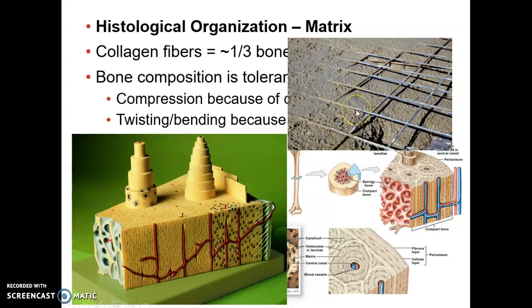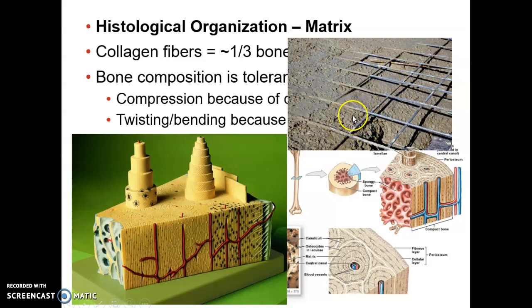So combined, the collagen fibers with the calcium salts give bones a lot of compressional strength, but also some resistance to bending and twisting, and that's what rebar does within concrete.